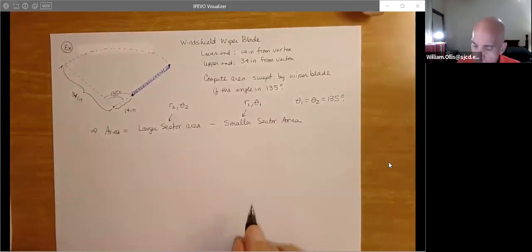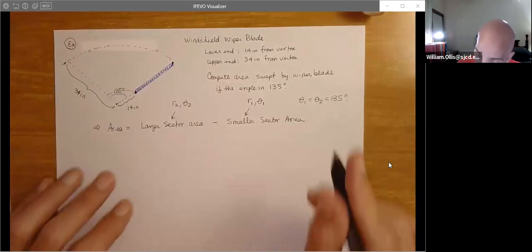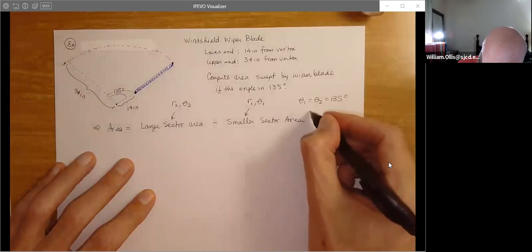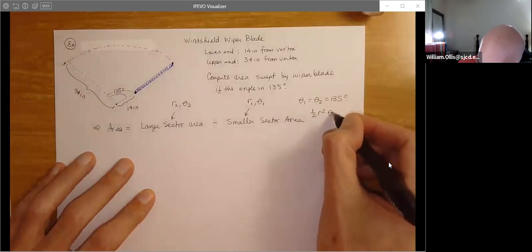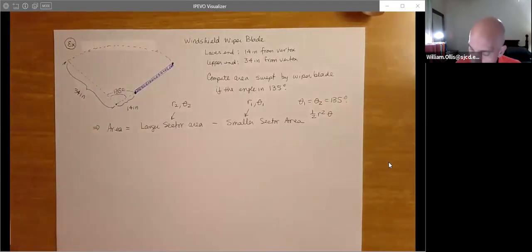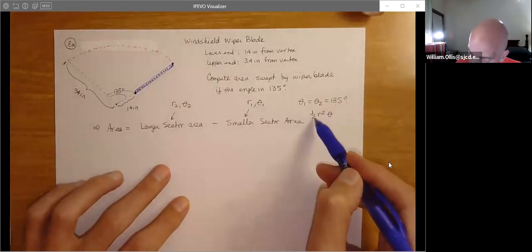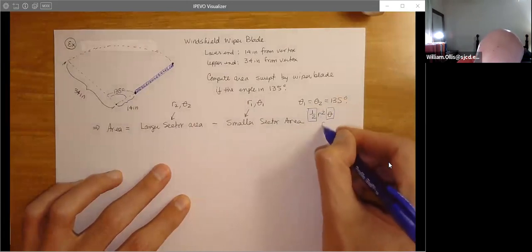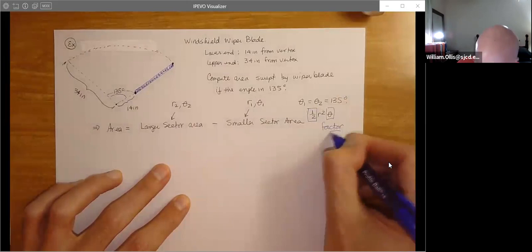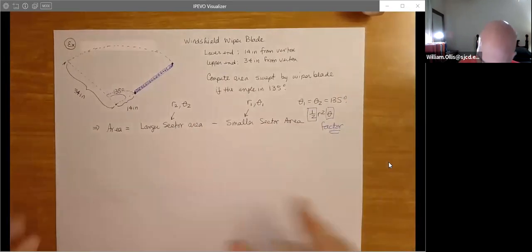Now, before we do any of these computations, or we could just go ahead and do the conversion, notice again, the sector area is 1/2 R squared theta. So again, we can factor because the theta is the same and the 1/2 is the same. So let's look at this.